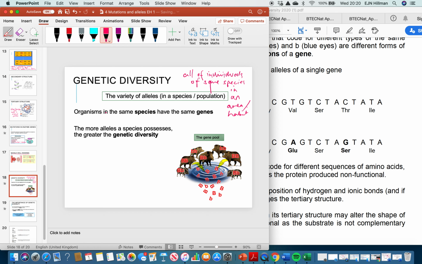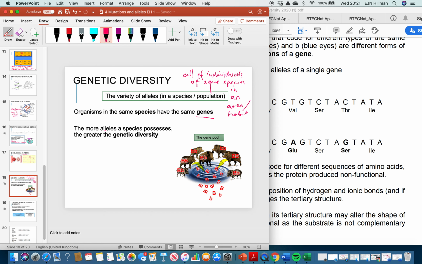Okay, so organisms of the same species have the same genes, but we know that there are different versions of those genes, alternate versions of the genes that we call alleles. So, whilst those organisms of the same species have the same genes, they won't have the same alleles unless they are identical twins.